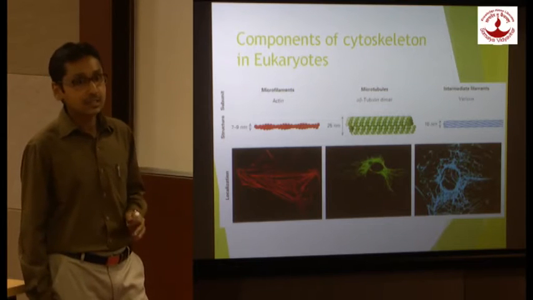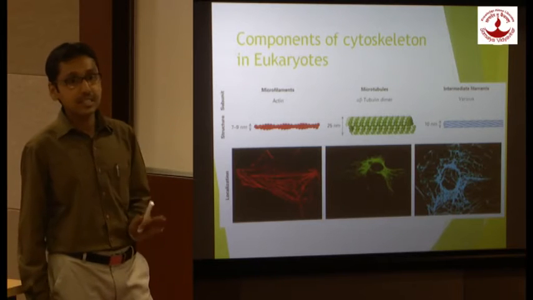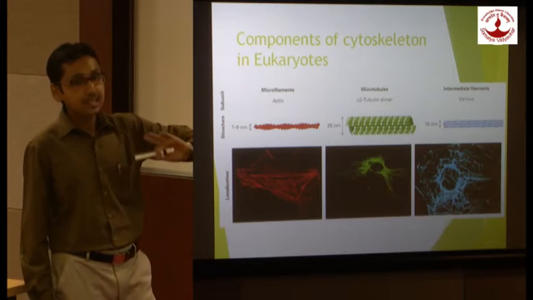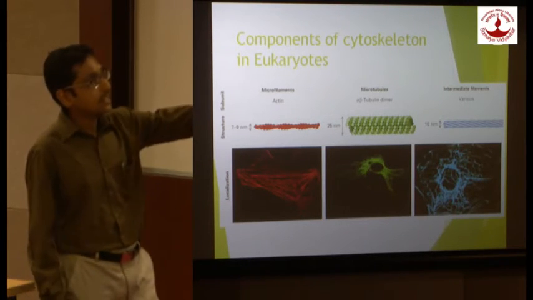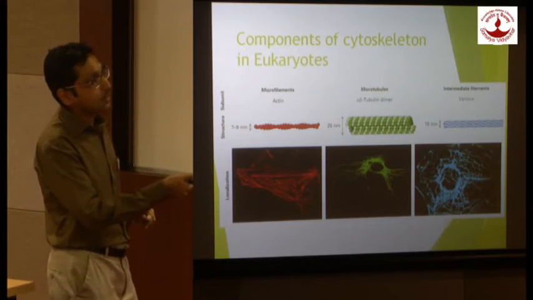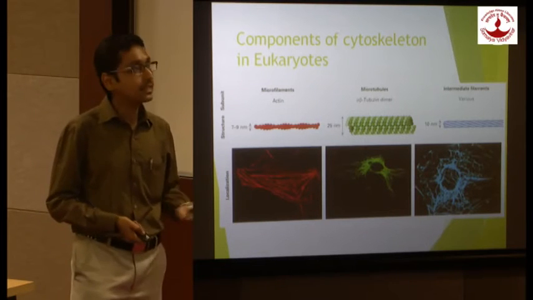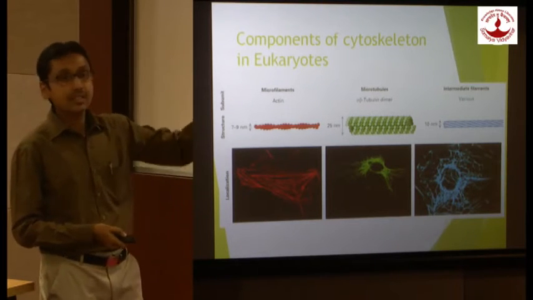There is a fourth class which does not get discussed, which are septins. We'll not discuss them in the lecture, but there are three types. The first one is the microfilaments, the microtubules, and the intermediate filaments. They are named based on size.